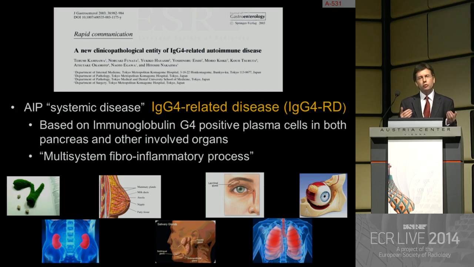The number of papers increased, and this seminal paper in 2003 basically said that, in fact, AIP was part of a systemic disease based on IgG4 positive plasma cells in both the pancreas and other involved organs. And we now know multiple organs can be involved in this disease. And this is part of a multi-system fibroinflammatory process. The term we're using in 2014 is IgG4-related disease, IgG4-RD.